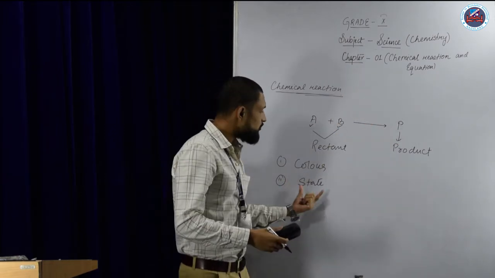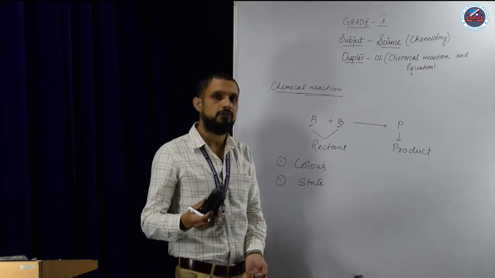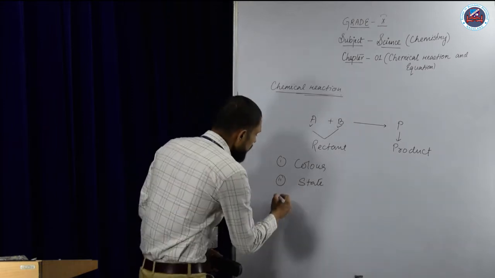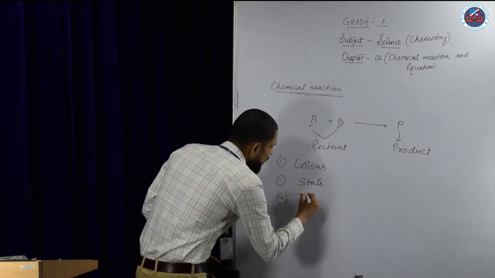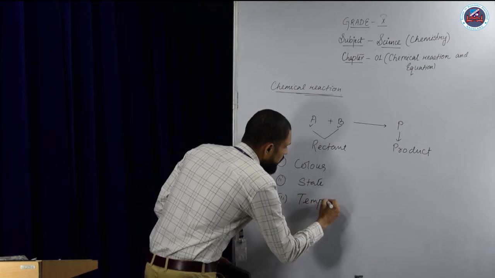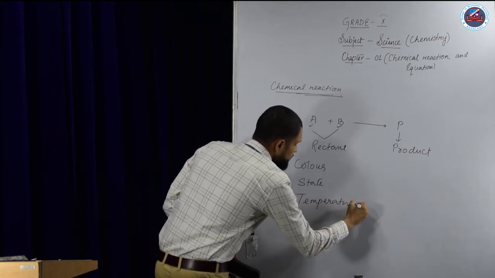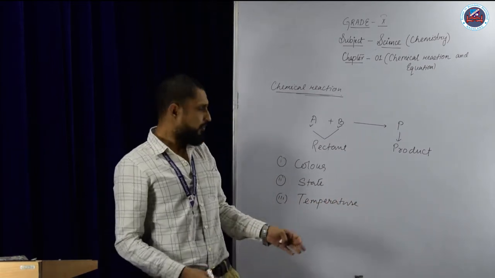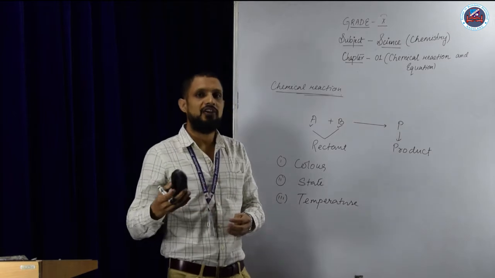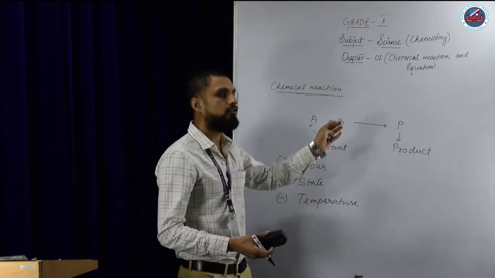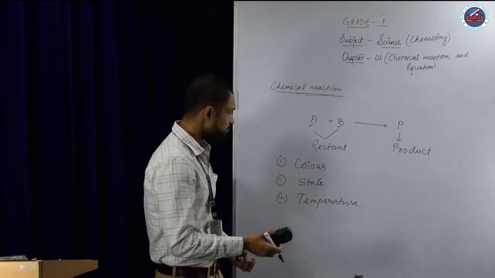So if there is a change in state, that means the chemical reaction has taken place. Third, if there is a change in temperature, if there is a rise in heat, that means the reaction has taken place.